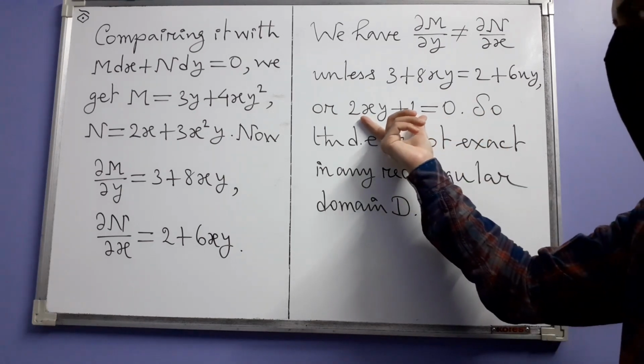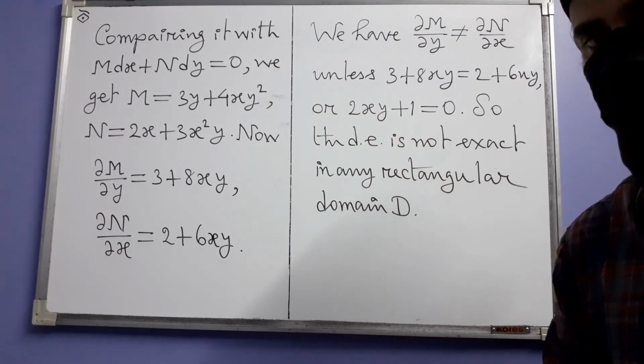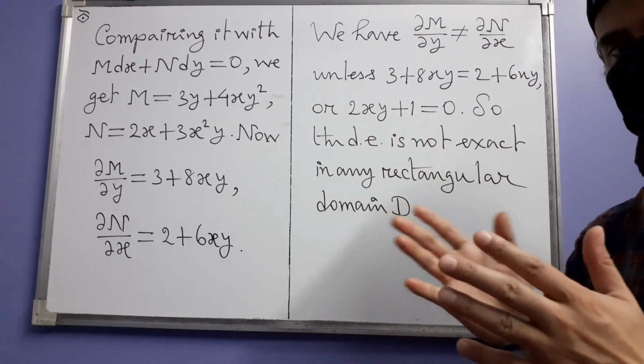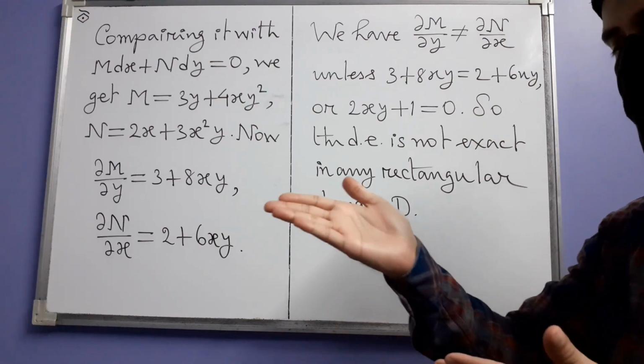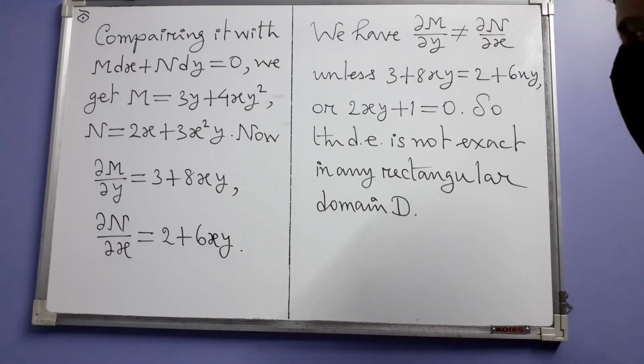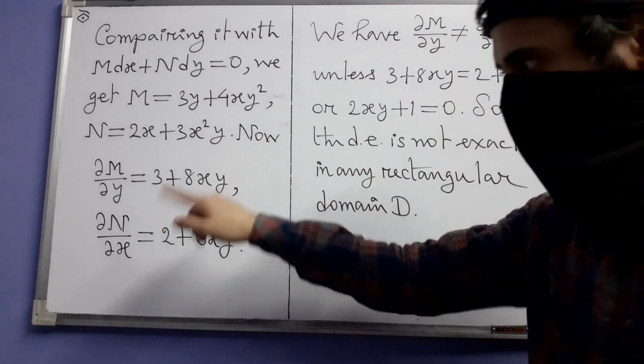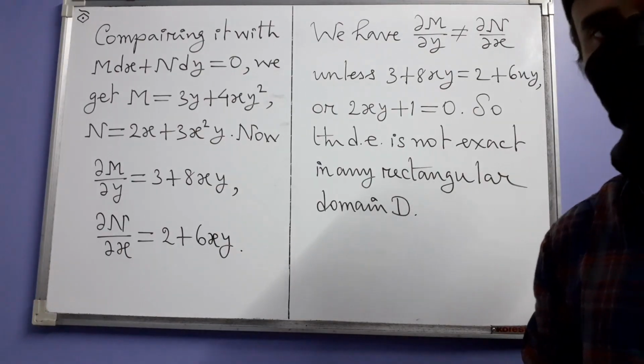Now you can check that this actually is a curve. Okay, it's not any region having some non-zero area. It's a two-dimensional curve. So at such points on this curve only these two partial derivatives are equal.